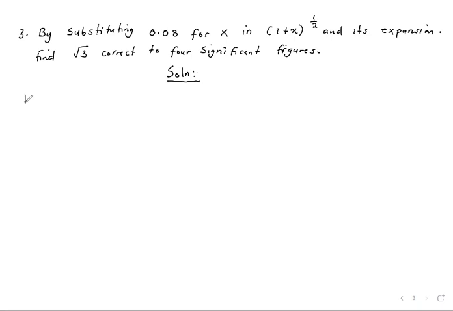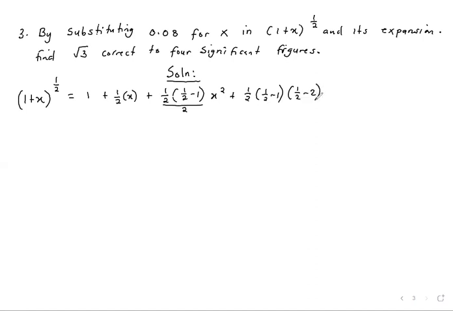You start with the expansion. 1 plus x to the power half is the same as 1 plus half, which is our n, multiplied by x, plus half, half minus 1 over 2 x squared, plus half, half minus 1, half minus 2 over 3 factorial x power 3.